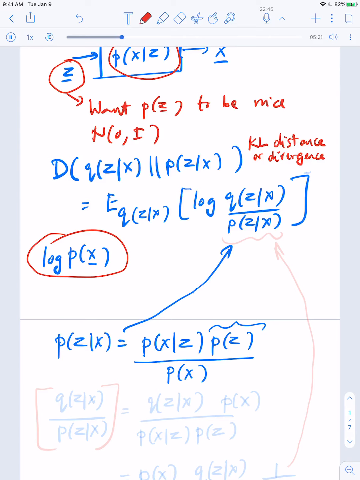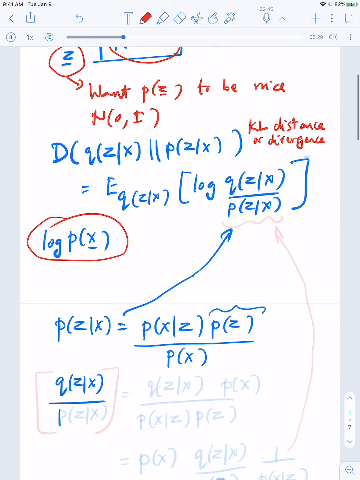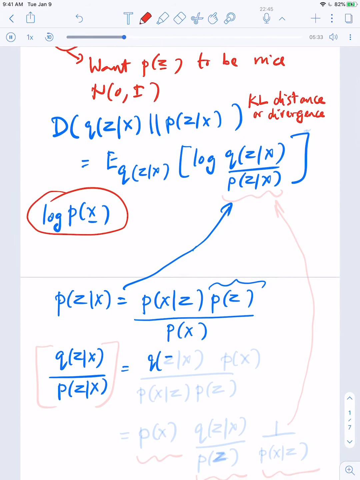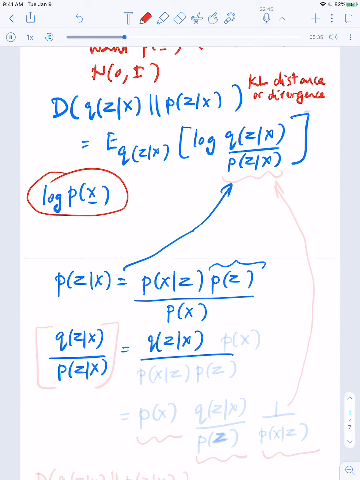So now I'm going to plug this into the expression there. I want to see what Q of z given x divided by P of z given x is. So that's Q of z given x divided by P of x given z times P of z, and multiplied by P of x, right?